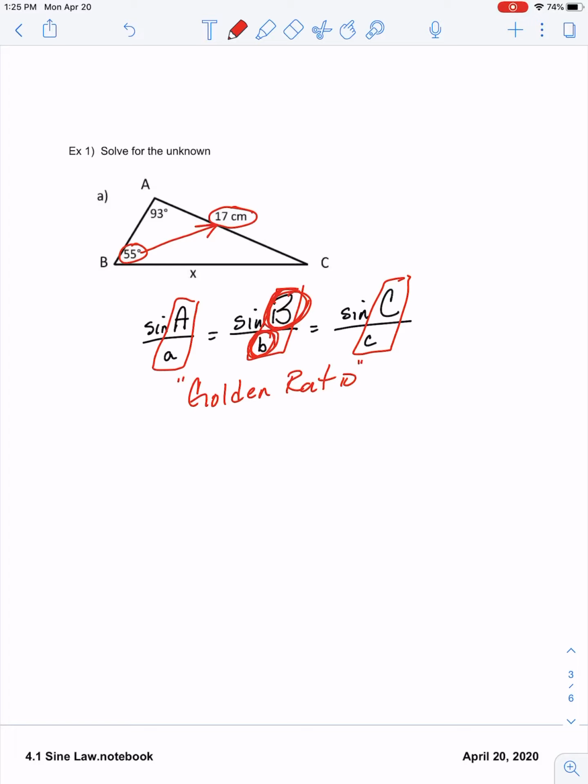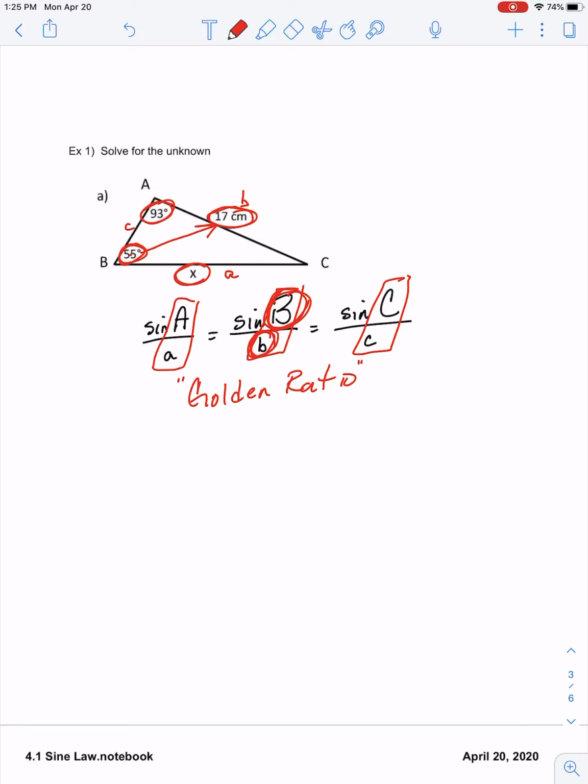I have a ratio where I know all the numbers in it. Now, in this problem, we are dealing with angle B, side B, and we're dealing with angle A and side A. This, remember, is side A. This is side B. Over here is side C.